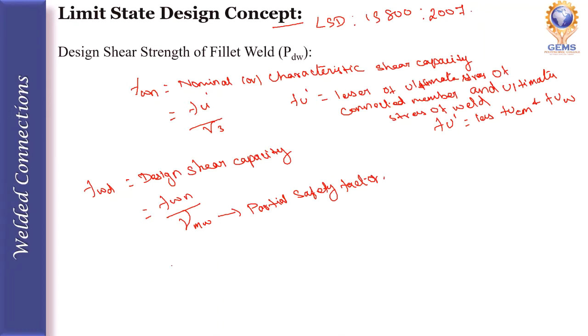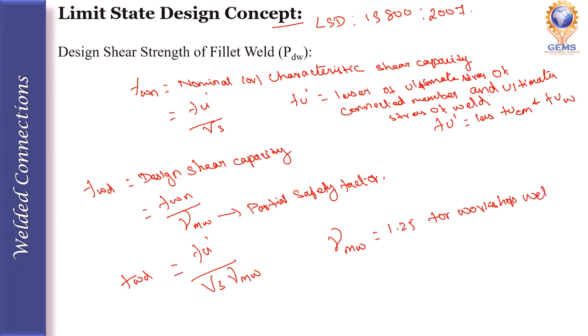If we substitute the nominal or characteristic shear capacity, the design shear capacity will be equal to Fu dash by root 3 times the partial safety factor. This partial safety factor will be 1.25 for workshop welding and 1.50 for site or field welding.